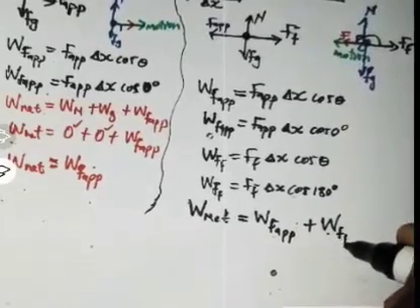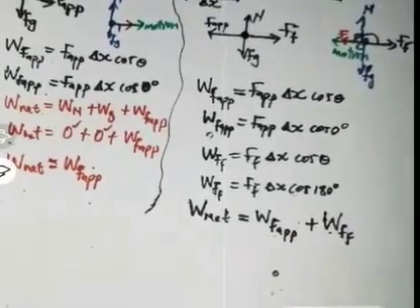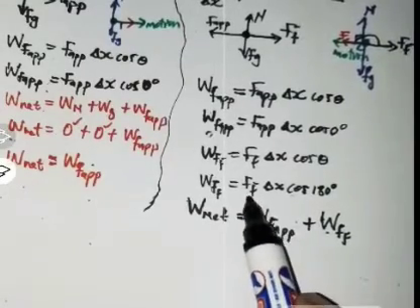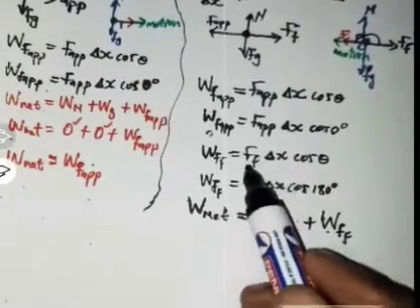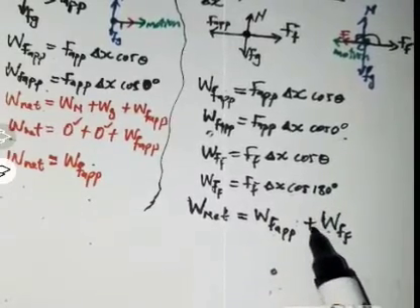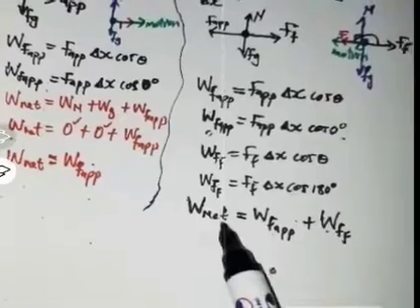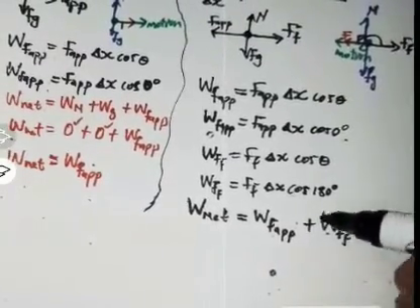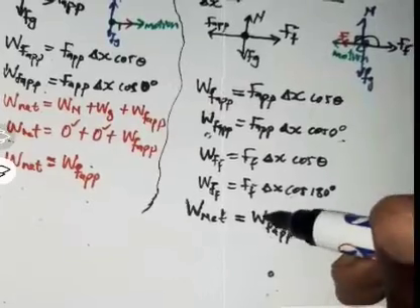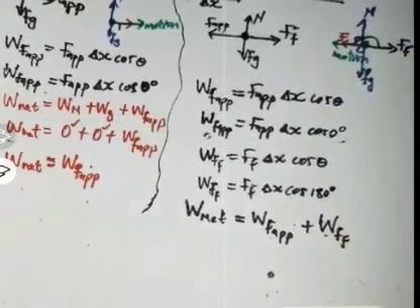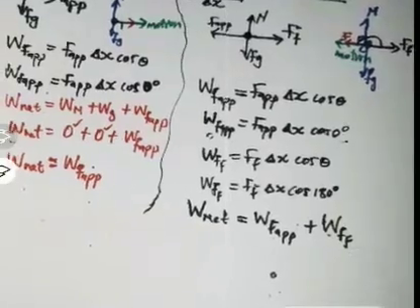When you substitute, the friction answer is negative. When we say net, we add all the works, keeping the sign, and then you substitute and get the correct answer for the work net.